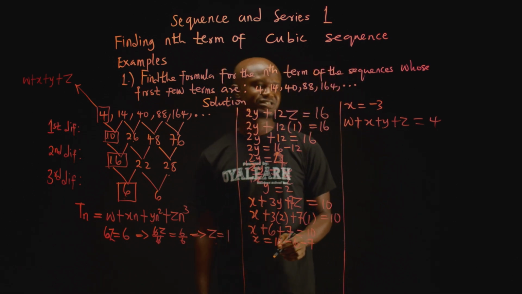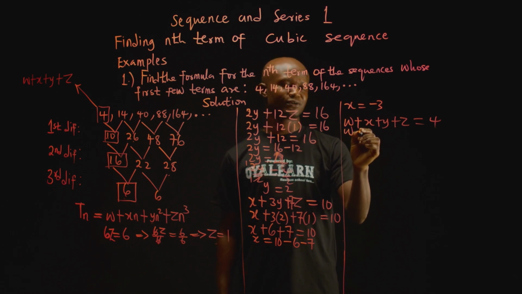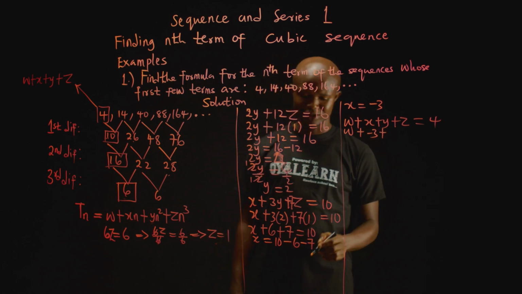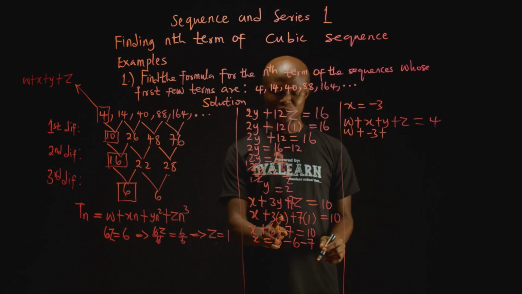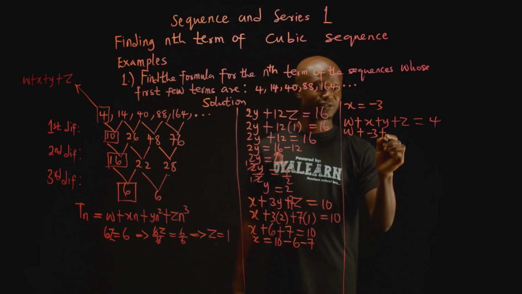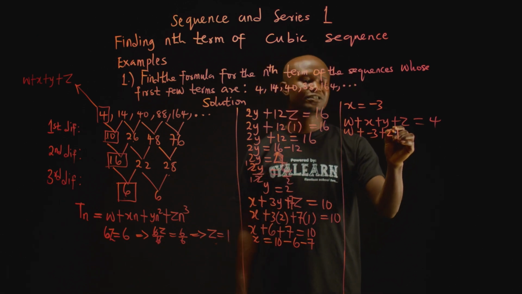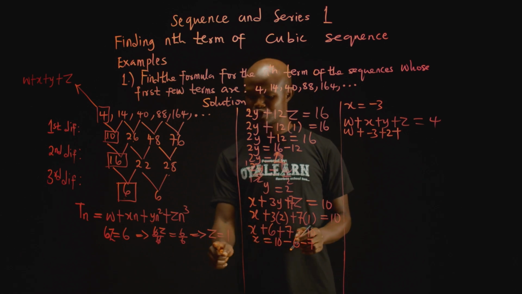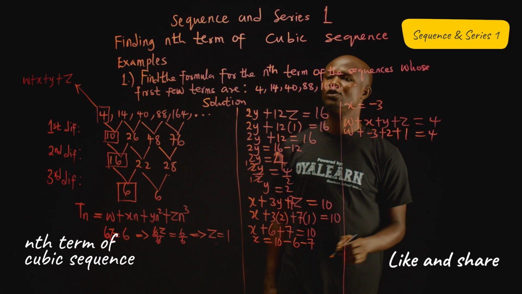Now, anywhere we see x, we put minus 3. So we have w plus minus 3, then plus the value of y, which is 2. Then the value of z is 1. So we substitute, then equals 4.